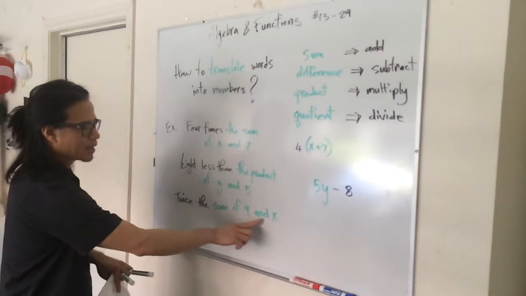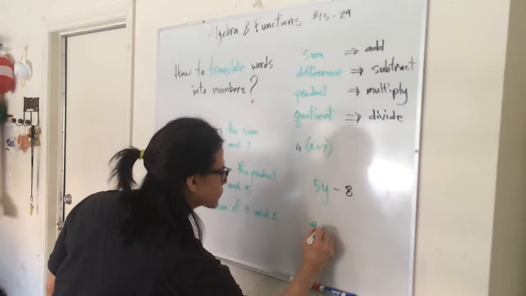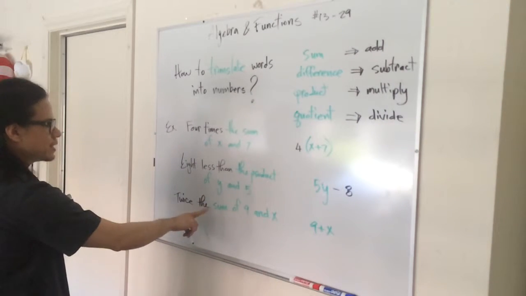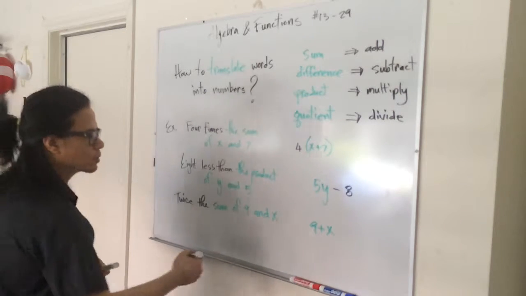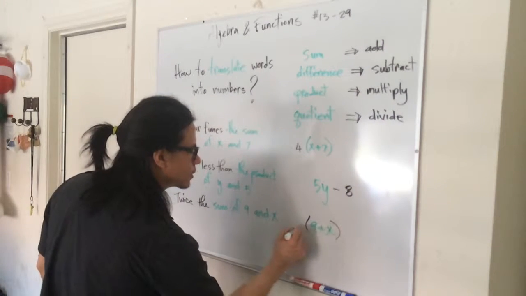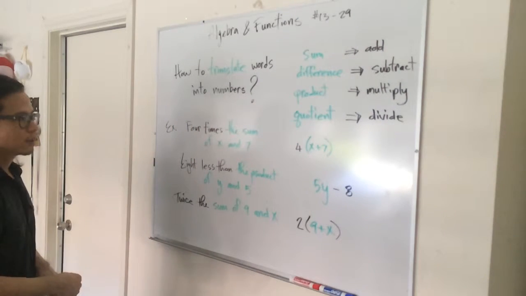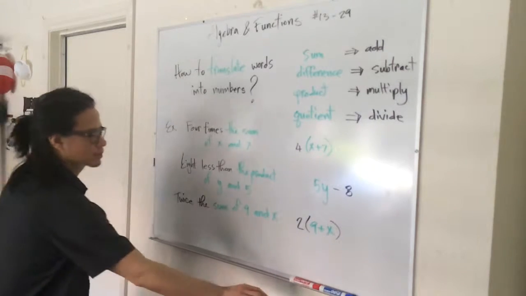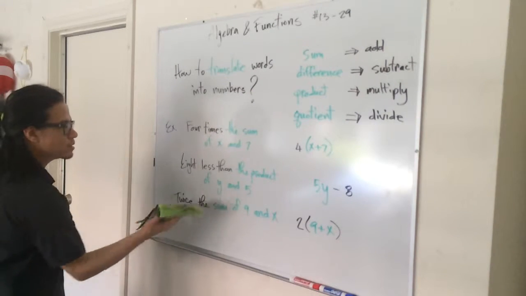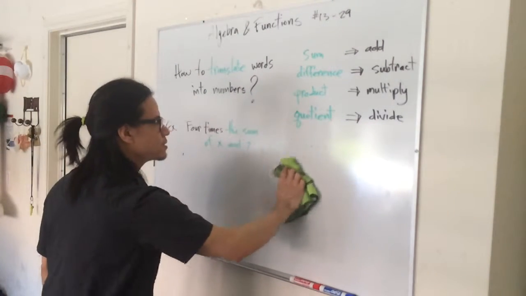So take 9 plus x. Twice that amount. So multiply it by 2. Got it? Feeling okay on these? Just in case, let's look at some more.